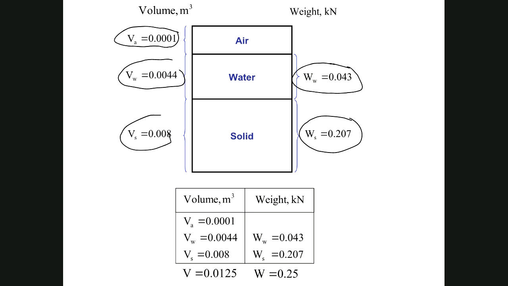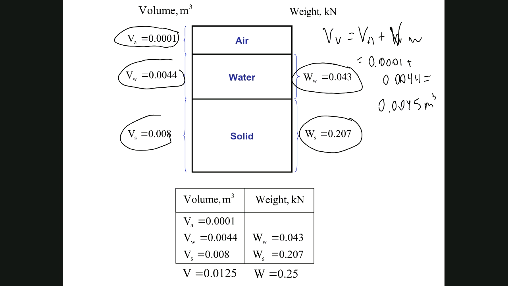So remember that volume of voids is volume of air plus volume of water. So in this case, we're going to have a volume of air 0.0001 plus 0.0044, which is 0.0045. And we use cubic meters, right?